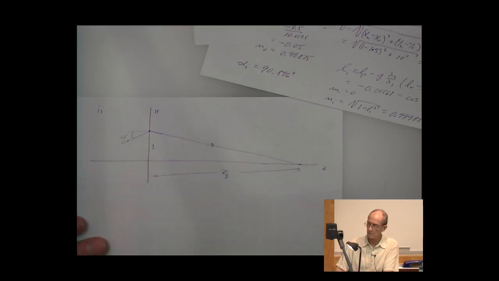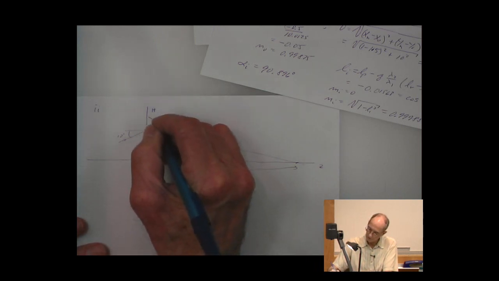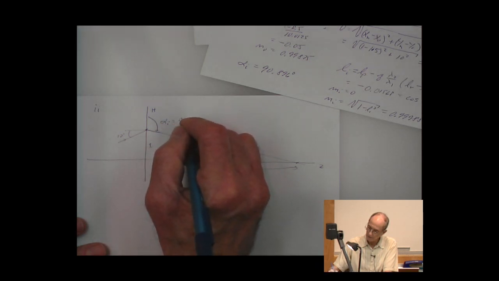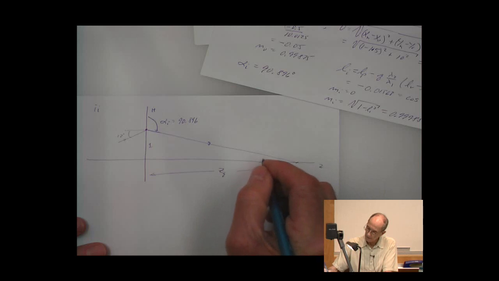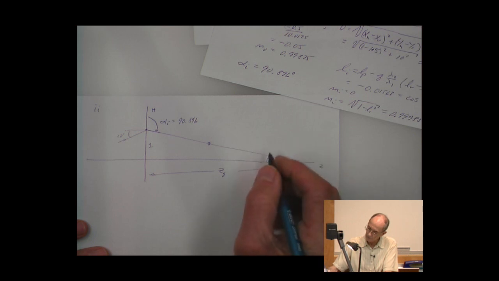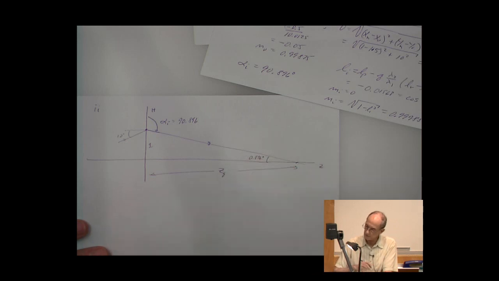This height here is 1, but we can solve it kind of the same way that we did in class when we were looking for the image distance, right? Because now we have this angle here is alpha I equals 90.896, and that angle here is simply this 0.896 degrees, right, for that angle.